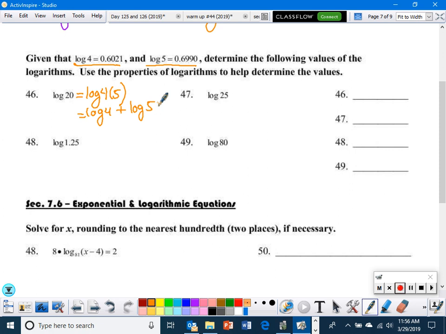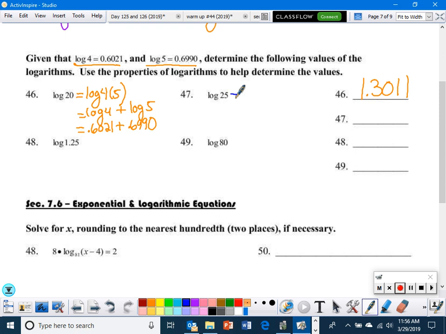And then I'm going to substitute in the decimals. So the log of 4 is 0.6021 plus the log of 5 is 0.6990. Add those together and we get 1.3011.